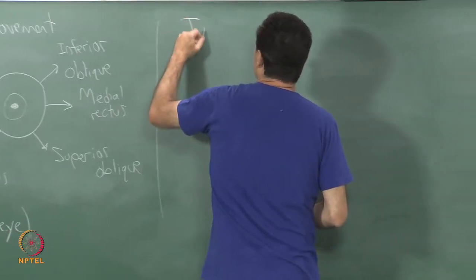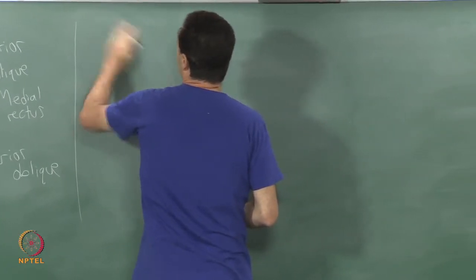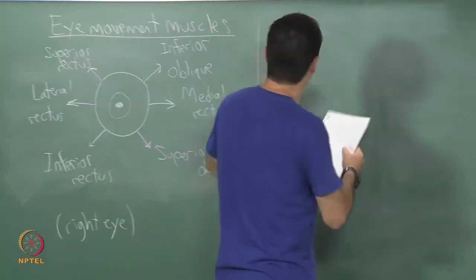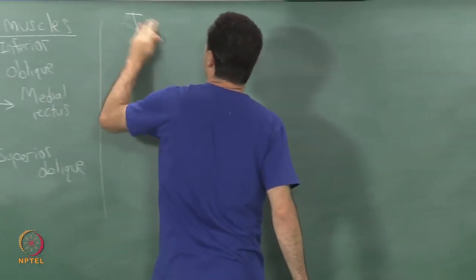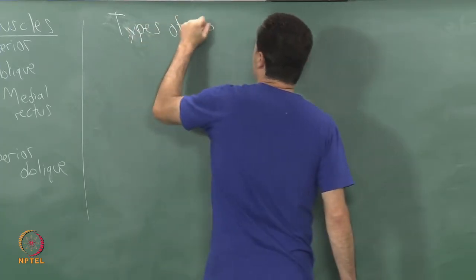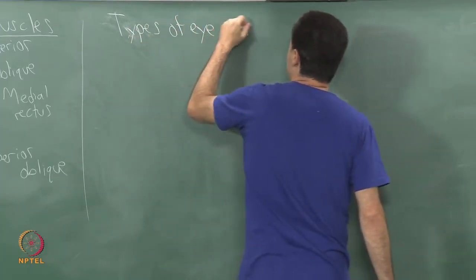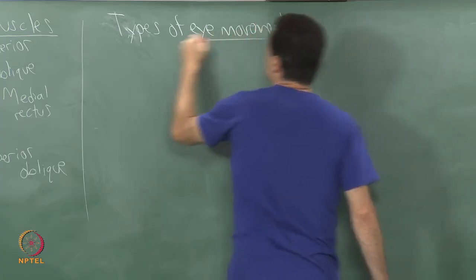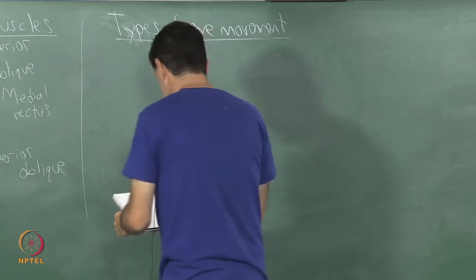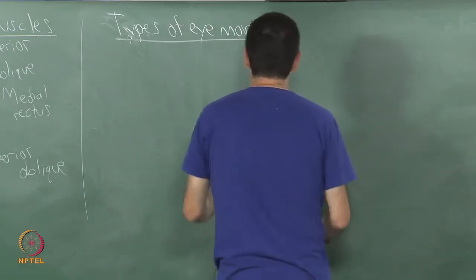Types of eye movements. So let me put this one over here, I'll call them eye movement muscles. And then I'll say types of eye movement. Let me just make a nice 2x2 table here.